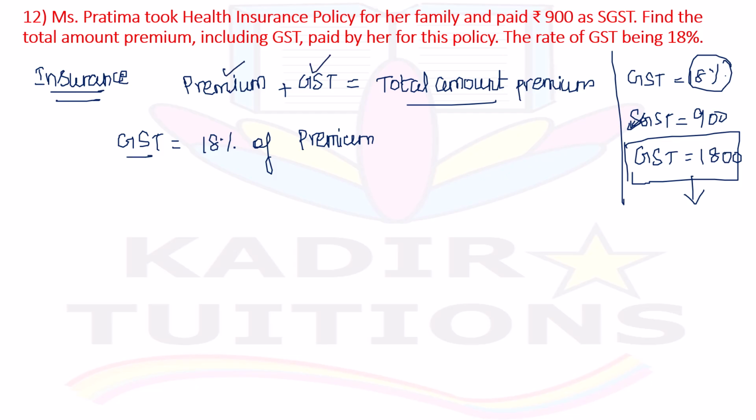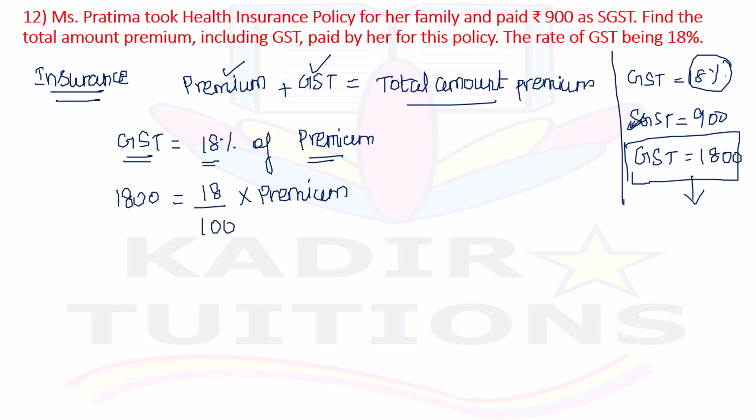So I know the GST value, and I know the percentage for it. Then it is easy to find the premium amount. So now GST is going to be 1800, and this 18 percentage I can write as 18 by 100 into premium.